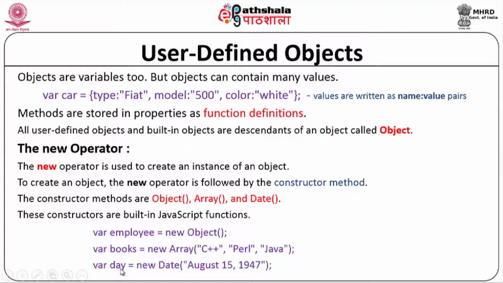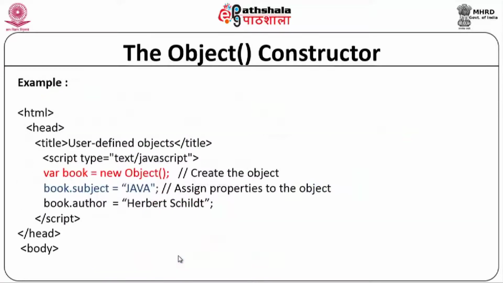So you can create any user defined object using the constructor methods of the object, or you can use any of the predefined objects like Array, Date, String, Math and so on, which we will see in the forthcoming slides.